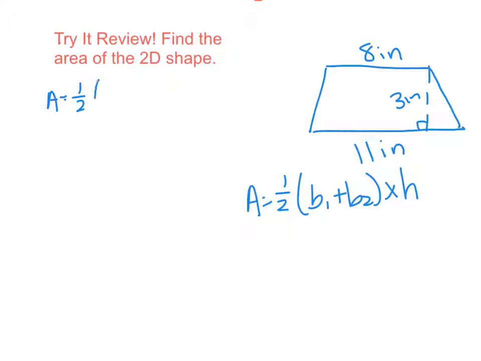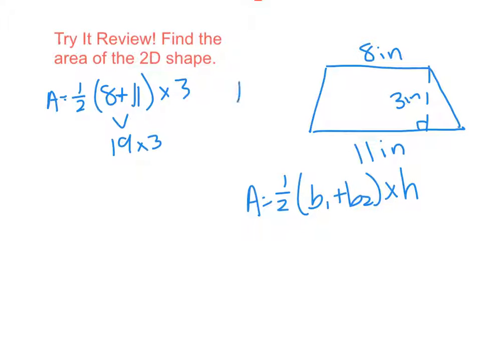We have 1/2 times base 1, I'm going to use 8, plus base 2 is 11, times the height, which is 3. 8 plus 11 would give me, sorry, not 17, 19. I'll give you guys a hint that this problem is on your spiral review on the back of your homework. So this can help you out with that.